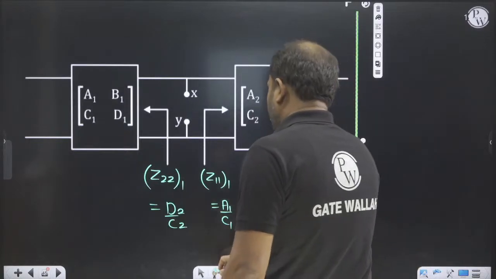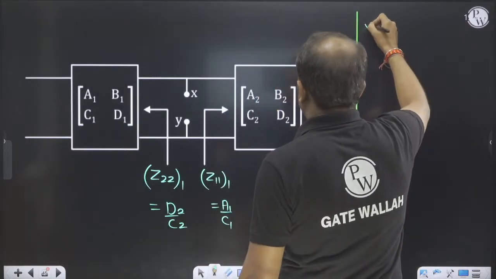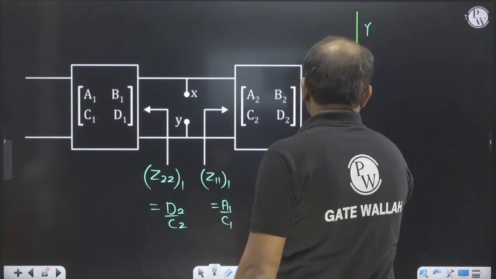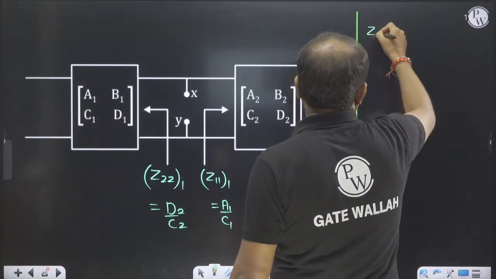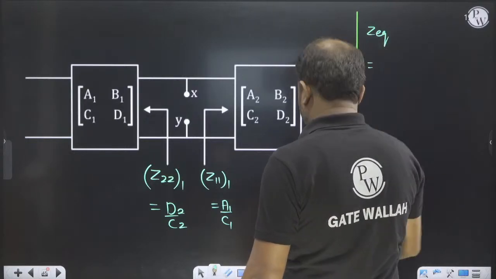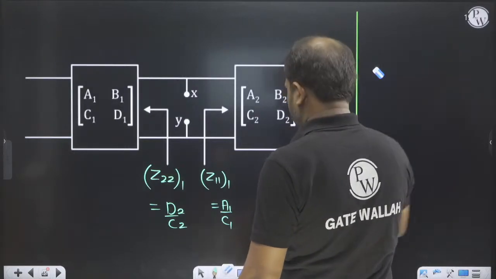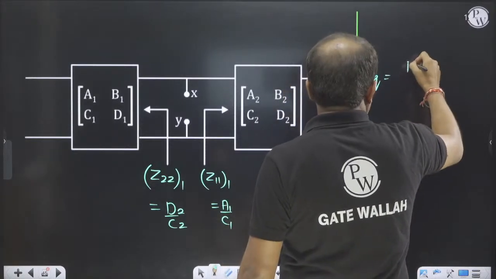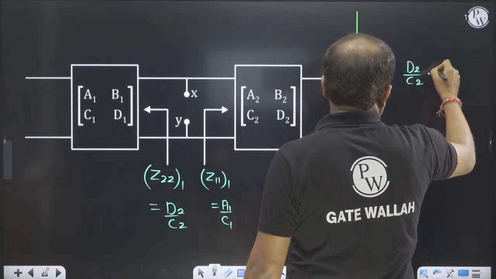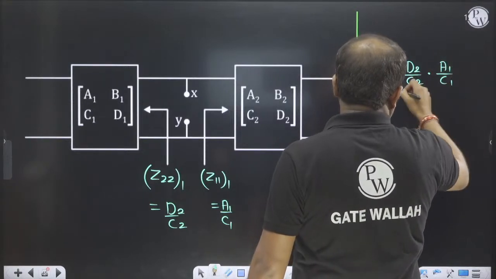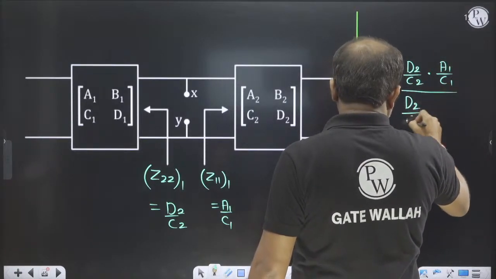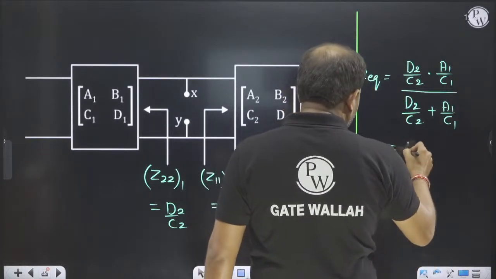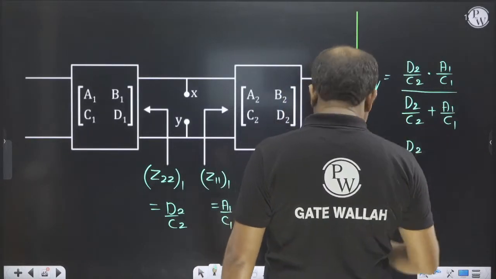So Y equivalent, or Z equivalent, will be calculated with the networks in parallel. For the parallel condition, it will be D2 by C2 and A1 by C1.